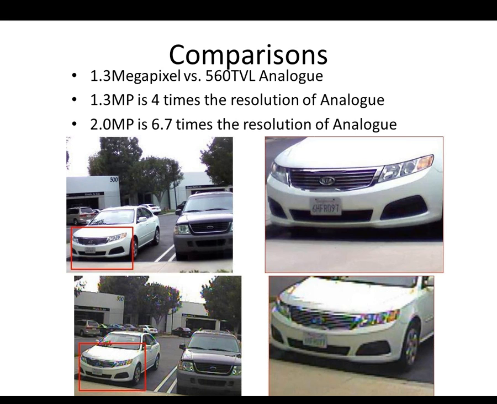But as you can see on the pictures on the right, when you digitally zoom it in, the difference becomes more pronounced. You can clearly see the license plates on the megapixel camera, while on the analog camera, it is not visible at all. So this is the main difference between a high resolution camera and a lower resolution camera.